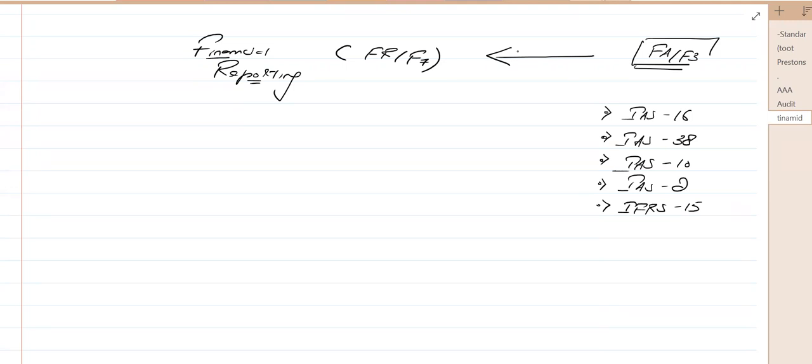Then there was IAS 37, provisions, contingent assets and contingent liabilities, which you have studied as well. So these are the few standards, obviously 1, 2, 3, 4, 5, 6, 7 standards, of which you have taken the flavor over there.